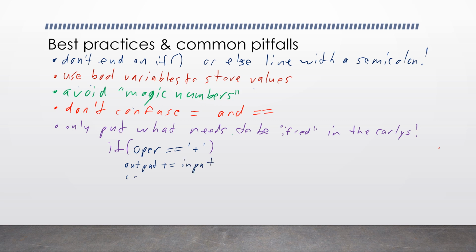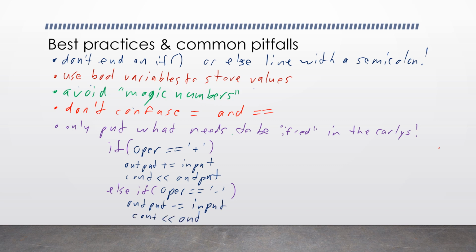And I'm tempted to put here a cout output, but then when I say else if operator equals minus, output minus equals input, and another cout output.